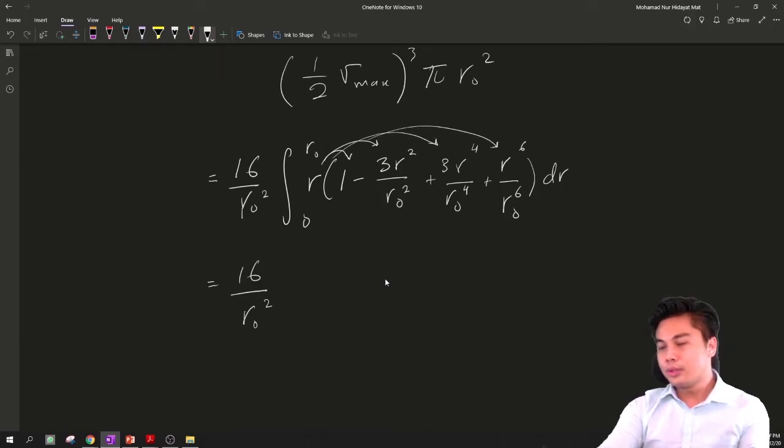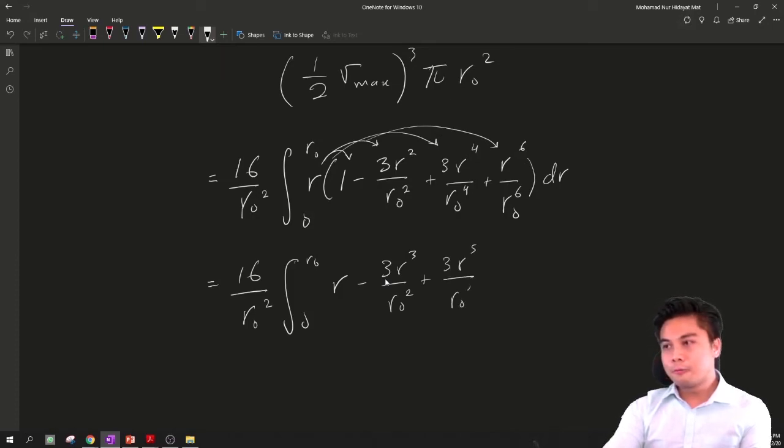We will get the integration from 0 to r naught of r minus 3r cubed over r naught squared plus 3r to the power of 5 over r naught to the power of 4, and then plus r to the power of 7 over r naught to the power of 6, dr.